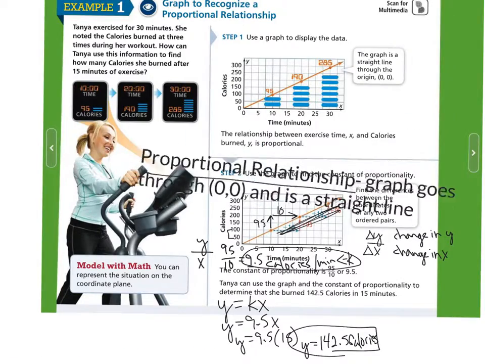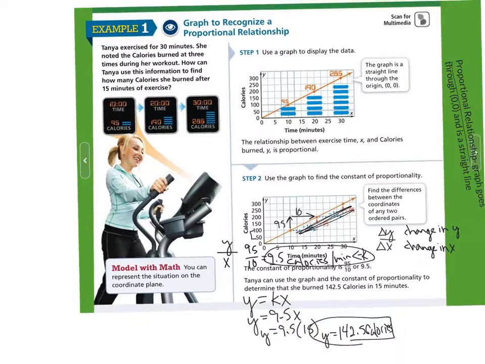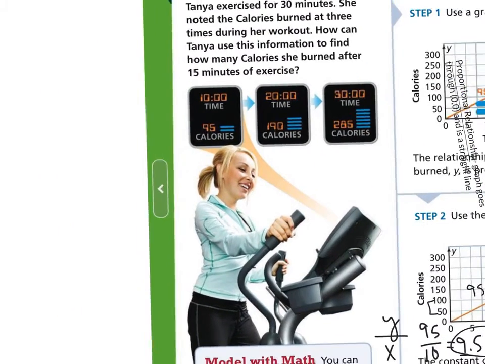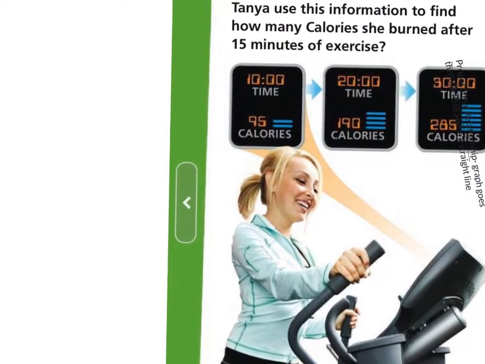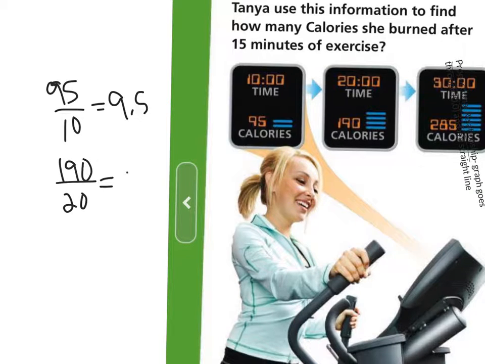Without doing all the work that they did on this problem, just to show you another option, we could just check if this is proportional by dividing. 95 divided by 10 would tell us calories per minute that we burned. So that's 9.5. If you did 190 divided by 20, you'd get 9.5. If you do 285 divided by 30, you get 9.5.